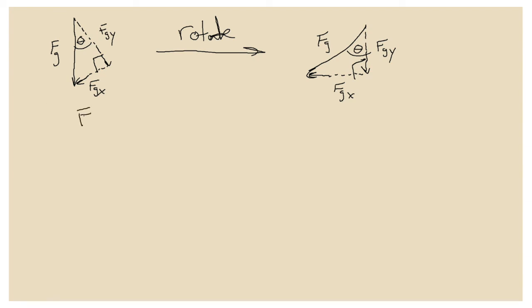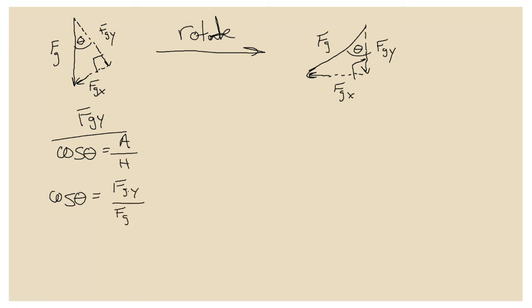So if we talk about trying to solve for FGY, notice FGY is the adjacent side of the triangle, and FG is the hypotenuse. So that means if we apply the cosine of the angle, we'll get the adjacent side over the hypotenuse, right? That's what SOHCAHTOA says. So when we apply that to this triangle, we'll get the adjacent side, FGY, over the hypotenuse, FG.